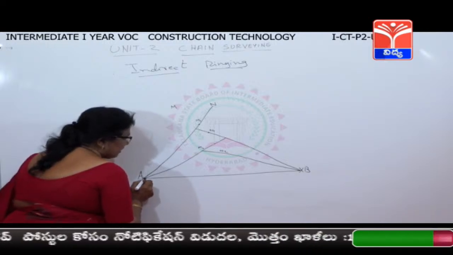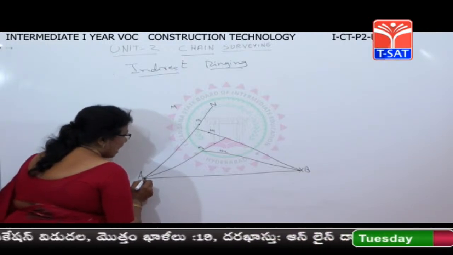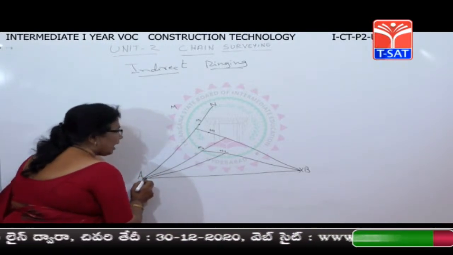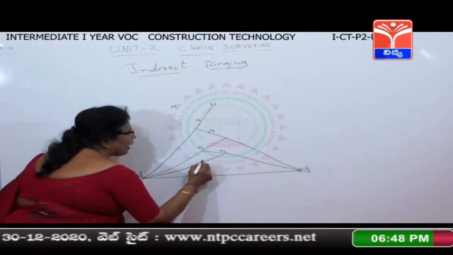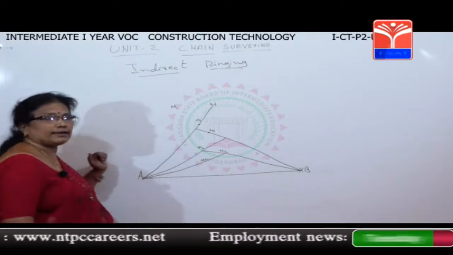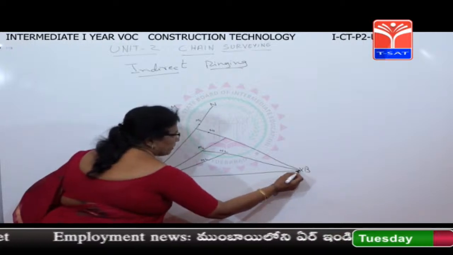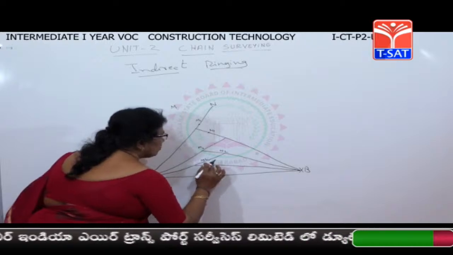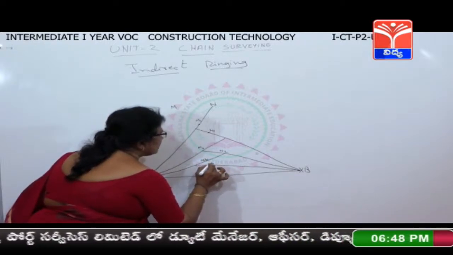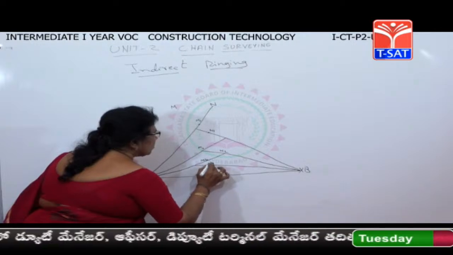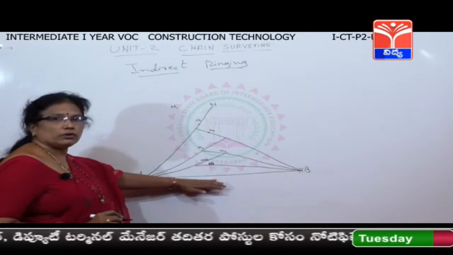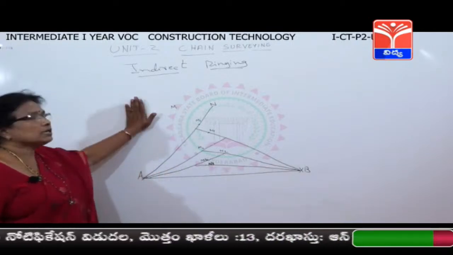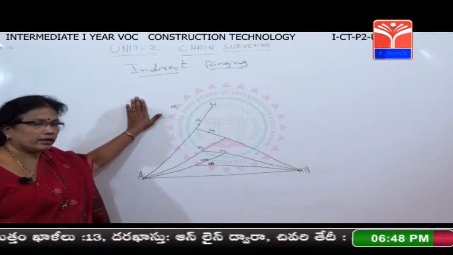Again, person A will ask M2 to move in a line such that A, N2 and M2 are in a straight line. Again, same. This process is repeated till you reach this point, M3 and N2, and then distances are measured. This is the process of indirect ranging.